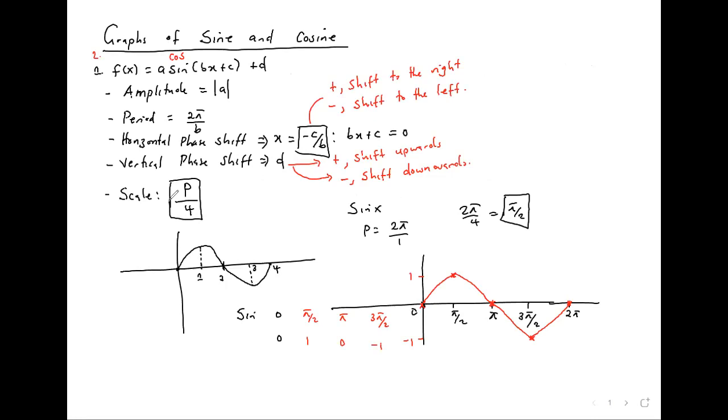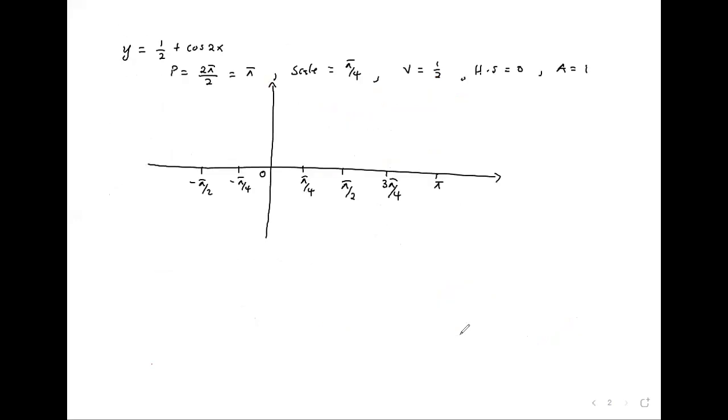You get the scale and add it to 0 to get your first number here. Remember that the scale takes care of the period because it's dividing the period. So what we've done here is that our period is pi. So we divided the pi by 4 to get pi over 4, meaning from 0, we go to pi over 4. Then we add pi over 4, we go to pi over 2. You keep adding until you get to the period.